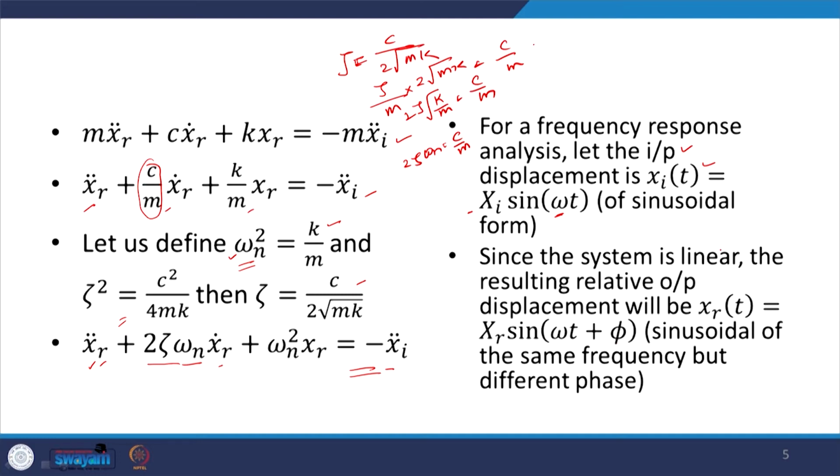Since the system is linear, the output is also going to be of the same frequency, but a different phase. So, I am using here the same frequency omega as over here, and I am taking a phase, say phi.